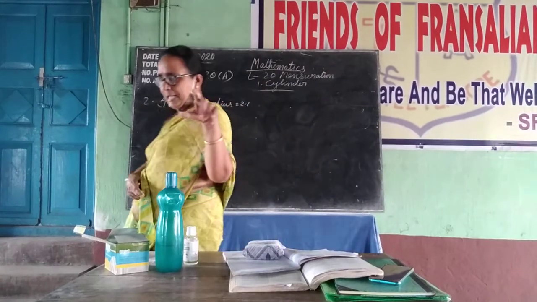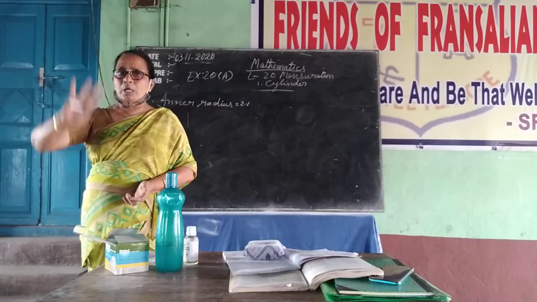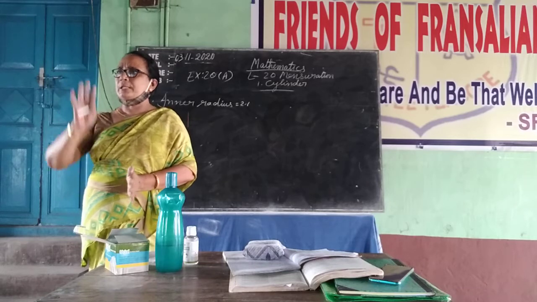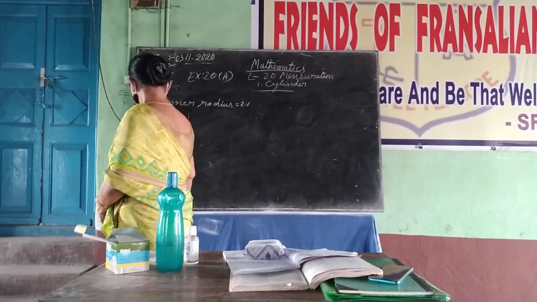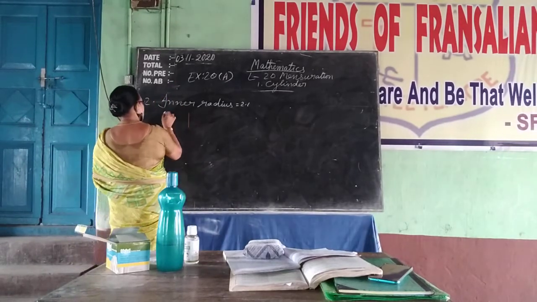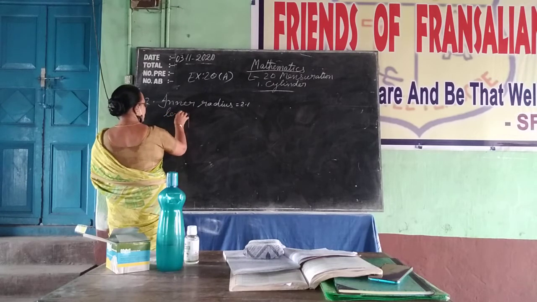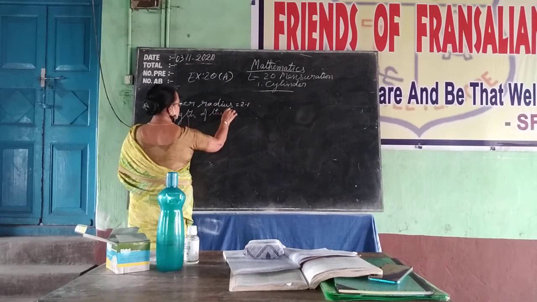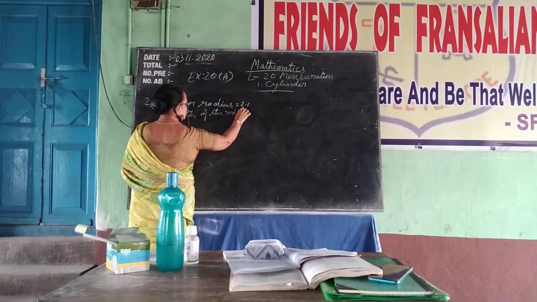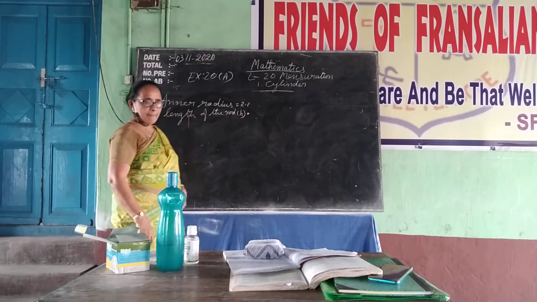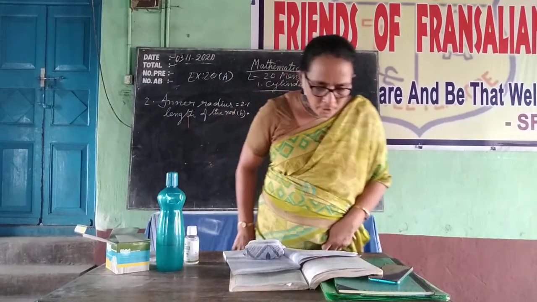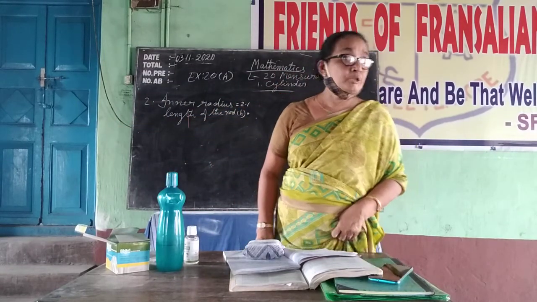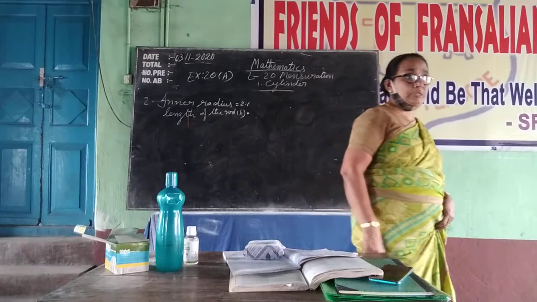If it is a long pipe, that part you have to take as the height, the length of the rod or pipe. How much is it? 12 meter. That also you have to check in these questions.